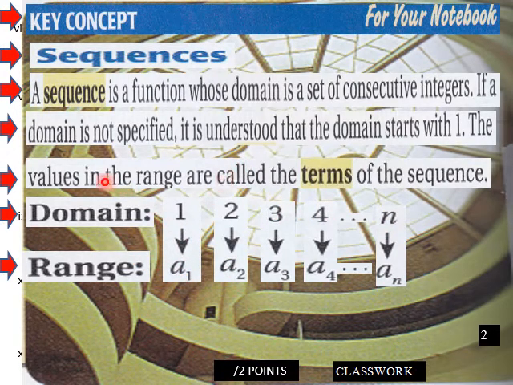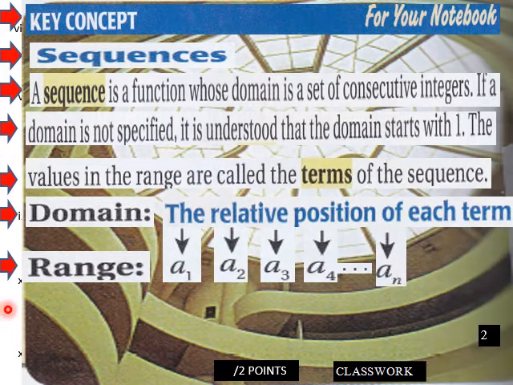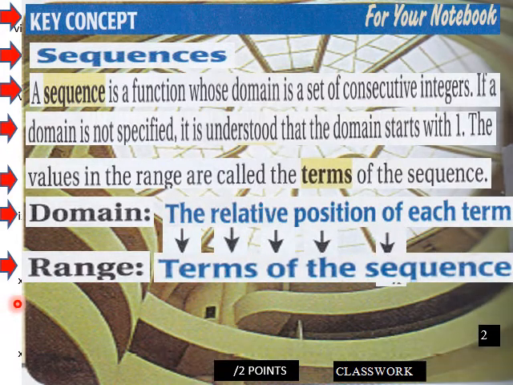The range here is your terms. These are the terms down here: a subscript 1, a subscript 2, a subscript 3, a subscript 4. The relative position of each term and then the terms of the sequence. So the relative position will be the domain, and then the range will be the terms of the sequence.